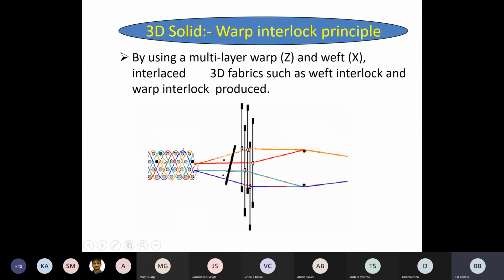The basic difference is these interlocking yarns are traversing from this surface to the next surface without changing their passage. They start from here, go at a certain angle till the other surface of the fabric. Similarly, from here again coming back without changing direction, but at a certain angle to the previous surface. Okay, this is the speciality of the warp interlock principle.